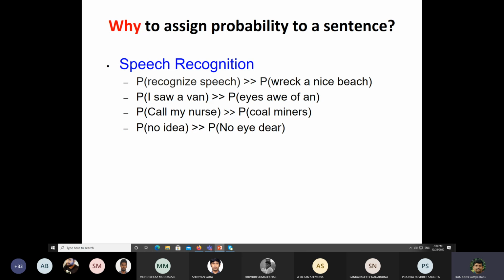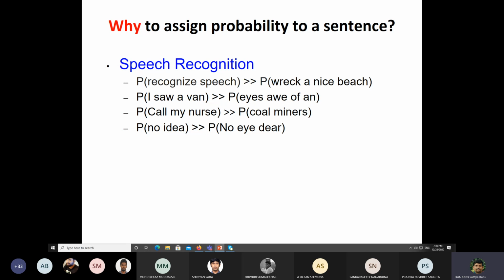This combination of homonyms, or a combination of a few words, also comes into the picture with respect to the combination of words, right? Or near homophones, near homonyms.